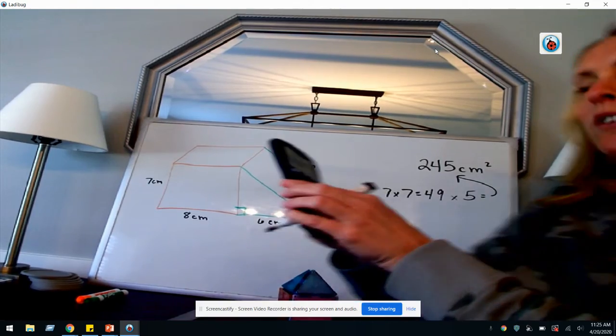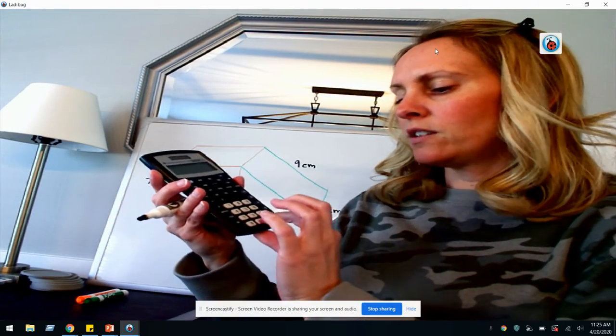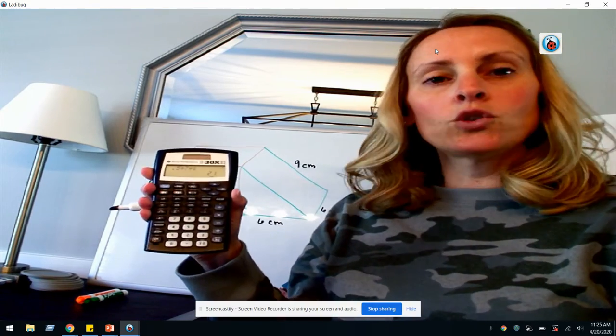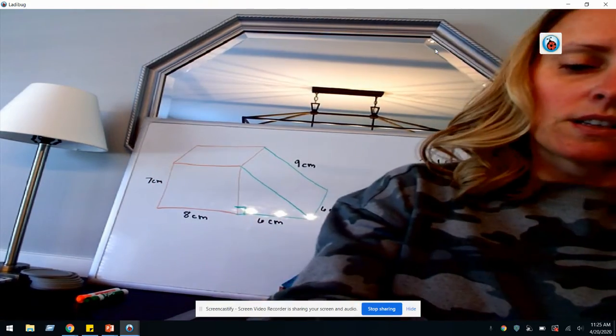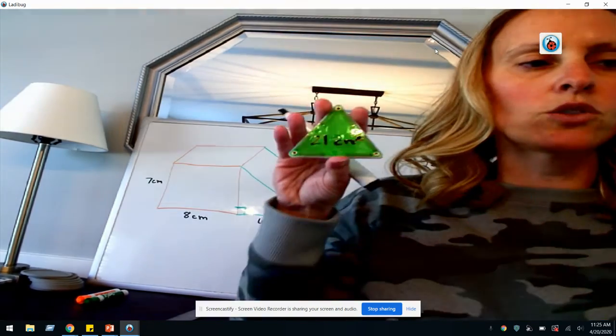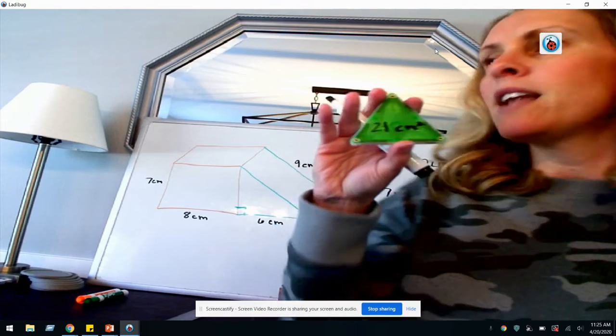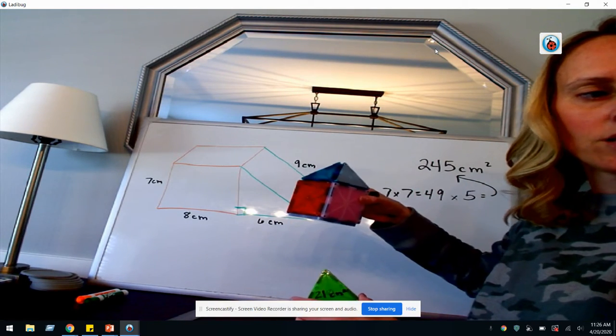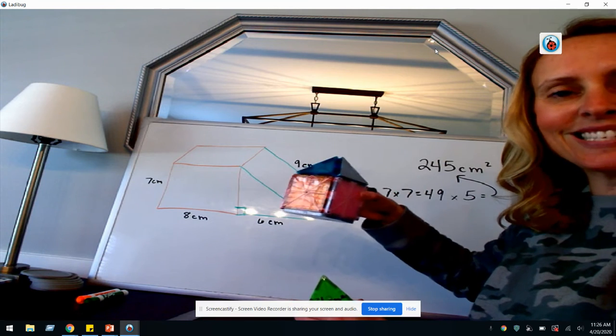And you know what? Feel free to use the calculator. That's fine. So 0.5 times 7 times 6 is 21. So this triangle is 21 centimeters squared. That's the area. Now I have 4 of them on my shape here, on my composite figure.